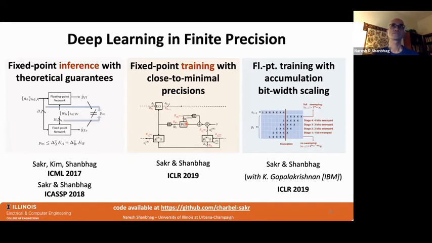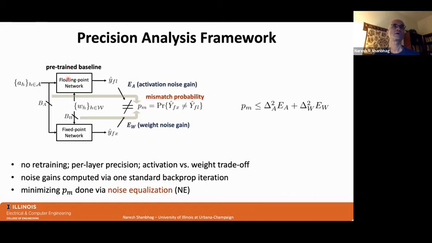All right. In both pieces of work, we are using a framework in which we assume that there is a pre-trained floating point baseline. All right, so that's like a teacher. This floating point baseline is giving us the right accuracy. If it is for inference, I get a very good classification error rate. I'm happy with this network, and most of the algorithm developers are working here.